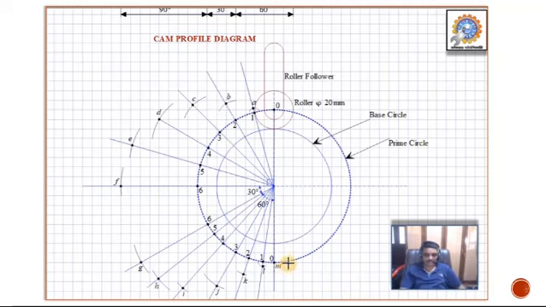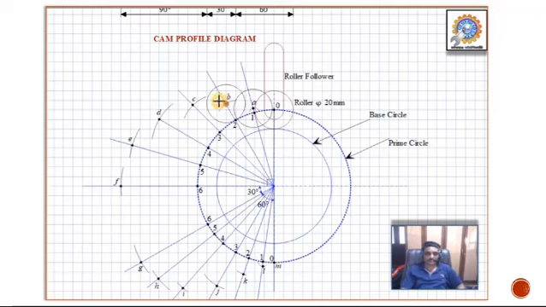You can see up to M it is marked, and you know that the prime circle is going to finalize the cam profile diagram. So I need to draw the roller across all these points, or at least a half circle, such that it will be clearly understood.